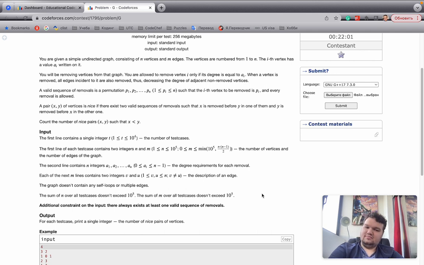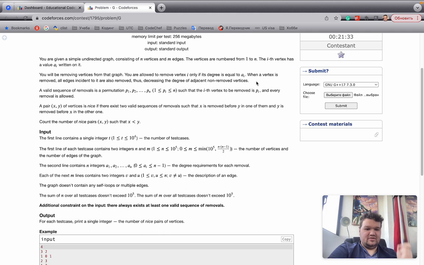Isn't it totally greedy? We can remove a vertex if and only if the degree is exactly equal to the number. So while the degree is greater, we cannot remove it.